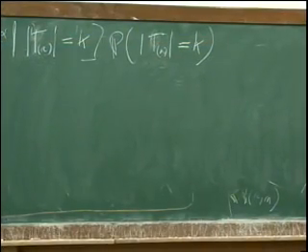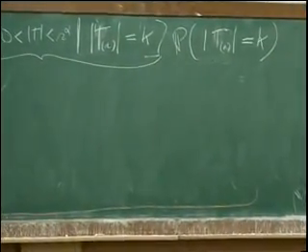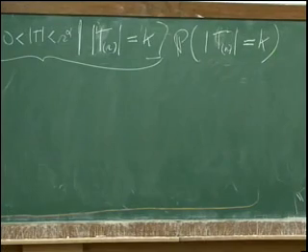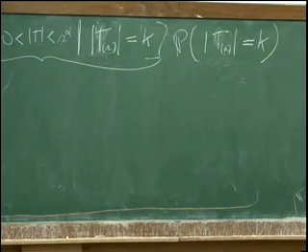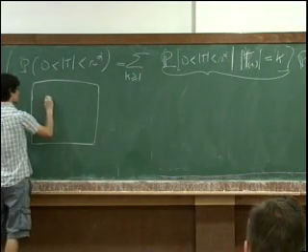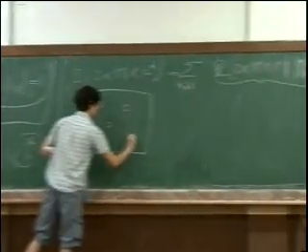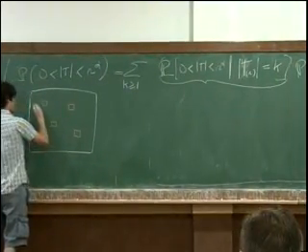So now let us try to understand this term. So assume, so this was our domain. Assume that you know that you touch k boxes. Say you touch these k boxes.